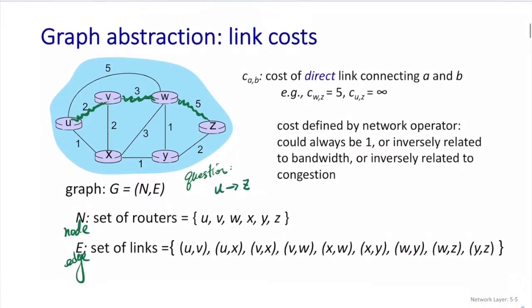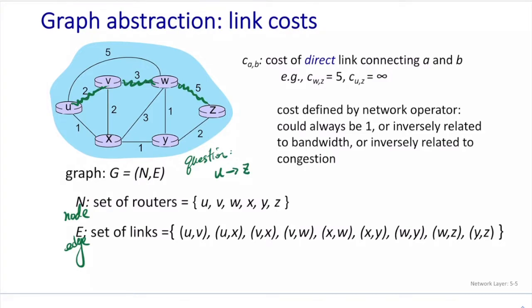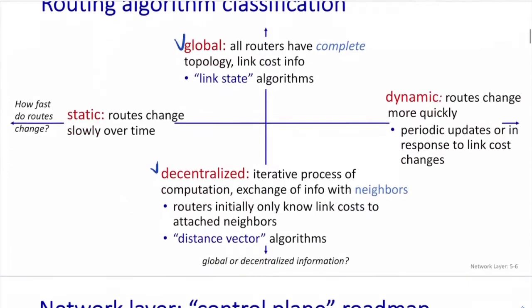For example, in this graph, all these 6 routers know this topology, and they all know the node information, edge information, and the cost information in this graph. So that means we have a global view.